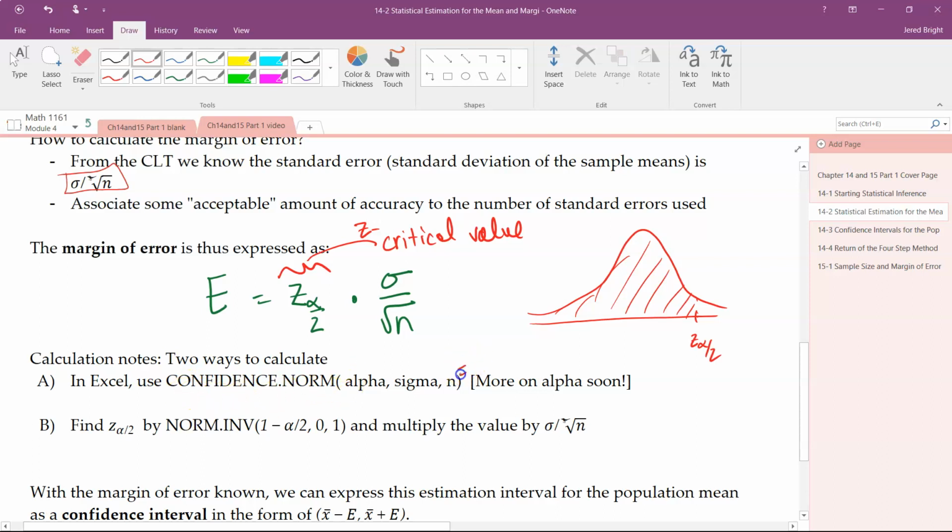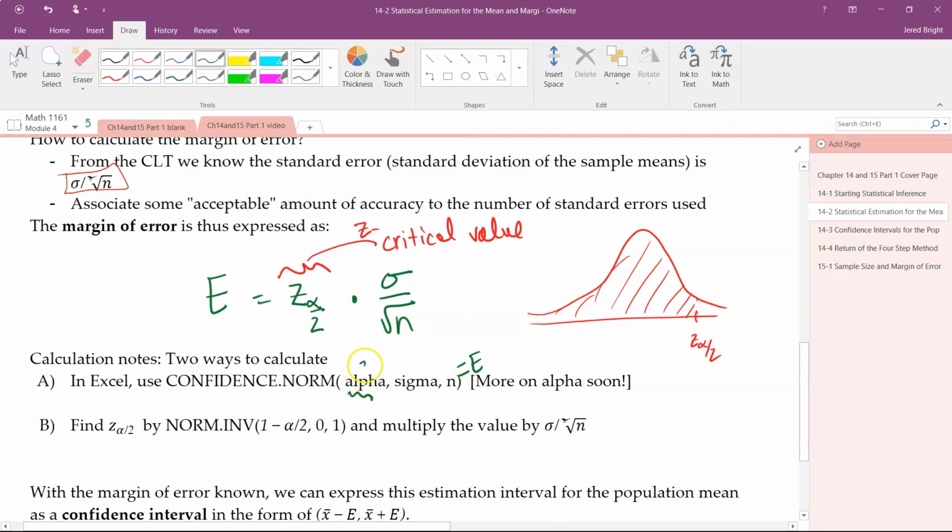Whatever you get out of this is your margin of error completely. So type this in. There's this alpha value. I haven't clarified what alpha is. That'll become clear in the next video. And then you just enter your value of sigma and n, not square root n, just n. But we need to know what this alpha value is. More on that in the next video.